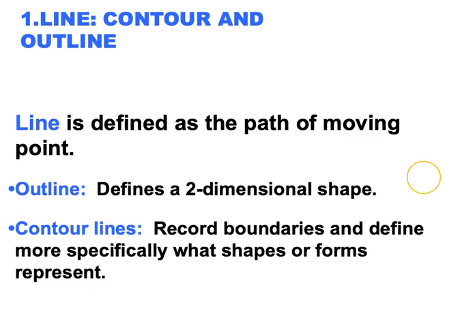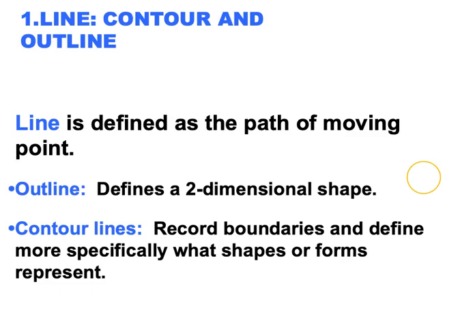For instance, if you're drawing a landscape and you draw a tree, you're drawing the edges of the tree, the boundary between the tree and the rest of the grass and sky or whatever's around it. So you're creating a boundary. And then you may draw some lines inside that shape of the tree to help show how it takes up space, or how it's got some fatness to it, or maybe some of the details on the tree. So those are more like contour lines.